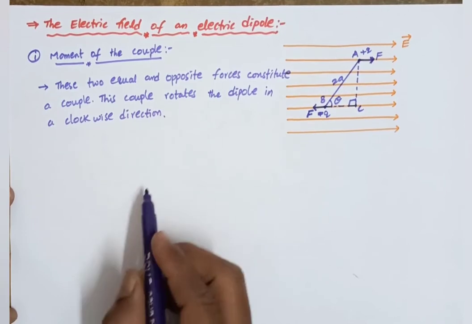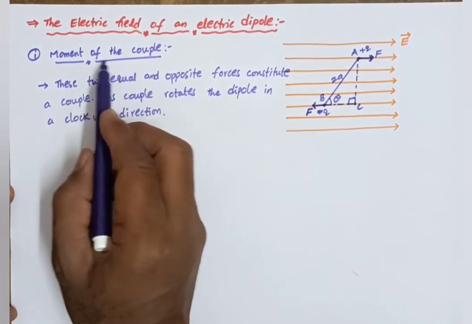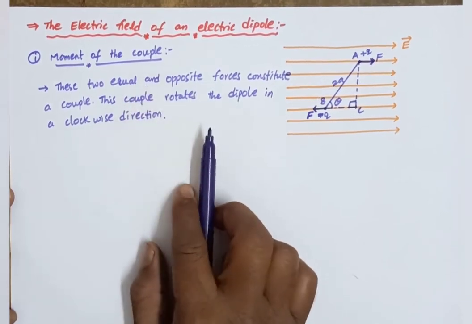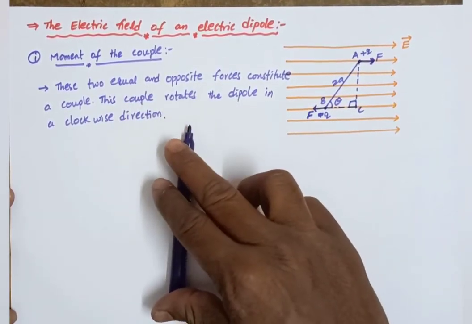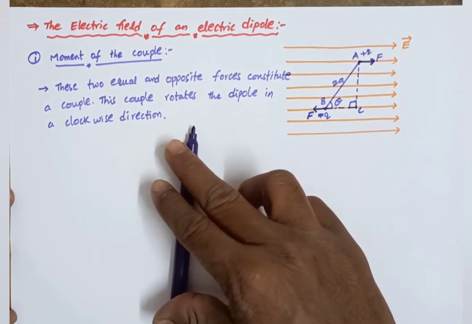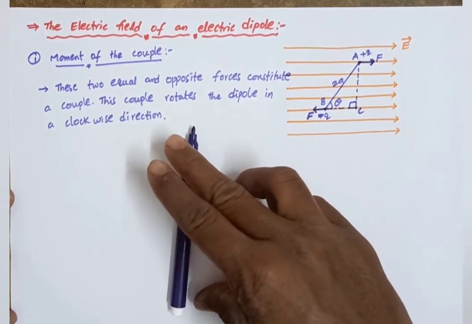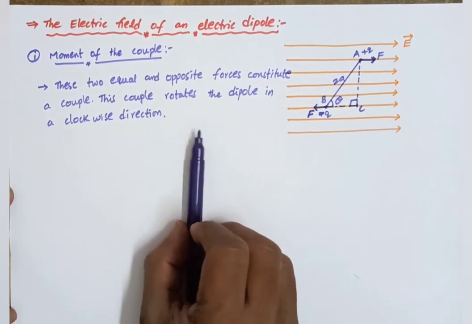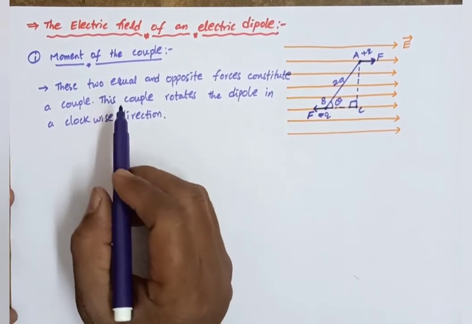So now this moment of couple is also called the torque. Equal and opposite forces occur on the electric dipole due to the electric field.